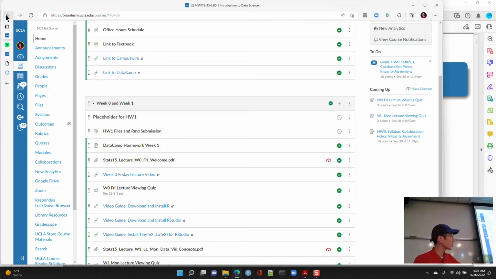In fact, DataCamp is kind of a premium service. Normally you'd have to pay $30 a month or something like that. To support their academic mission, they're granting all of you 6 months of access to their premium content.